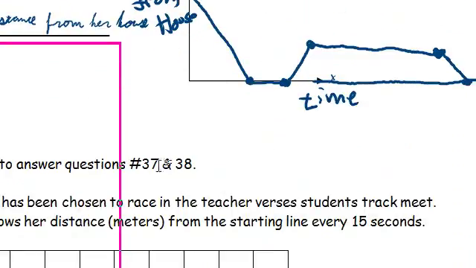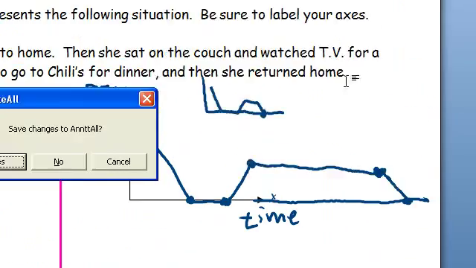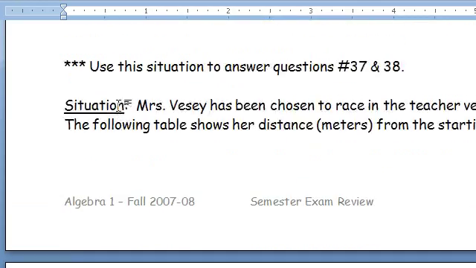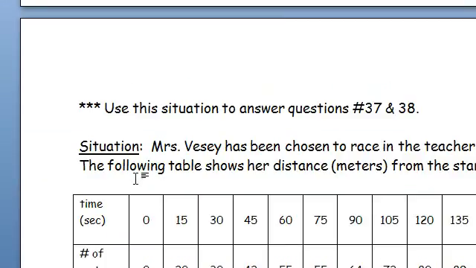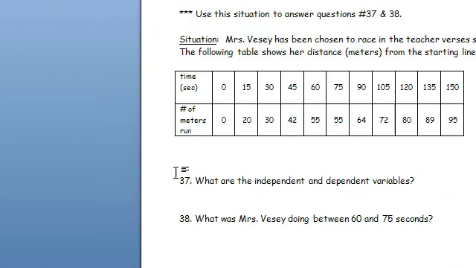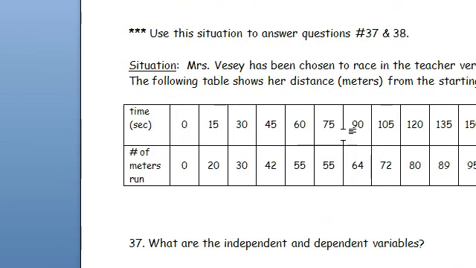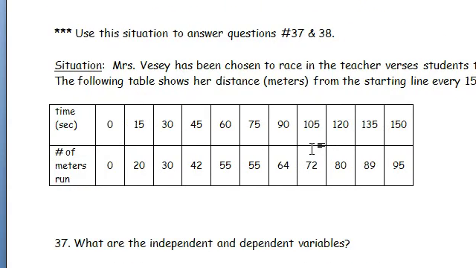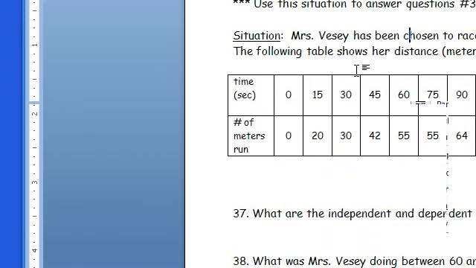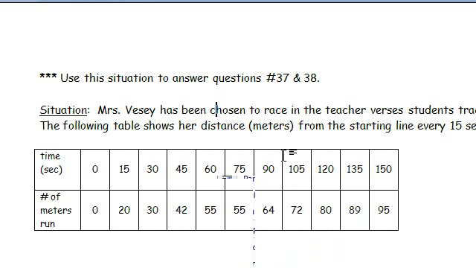Okay, let's take a look at number 37 and 38. I'll move that to the next page here. Mrs. Vasey has been chosen to race in the teacher versus student track meet.